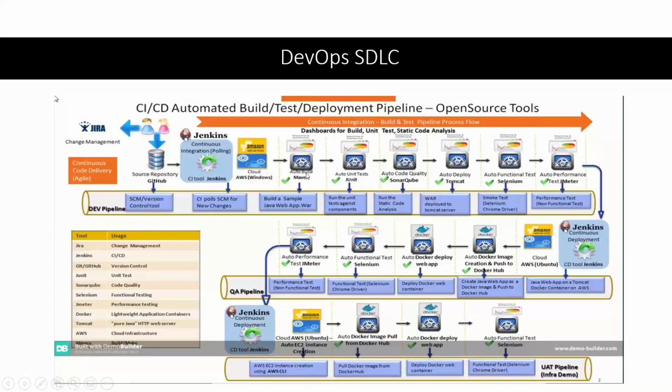Maven is used, and JUnit, then SonarQube is integrated, then Tomcat is the server where your WAR is being deployed, right? And then Selenium for the functional testing, JMeter for the performance testing, and so on. You might not understand it for now, but just have a look in terms of tools.